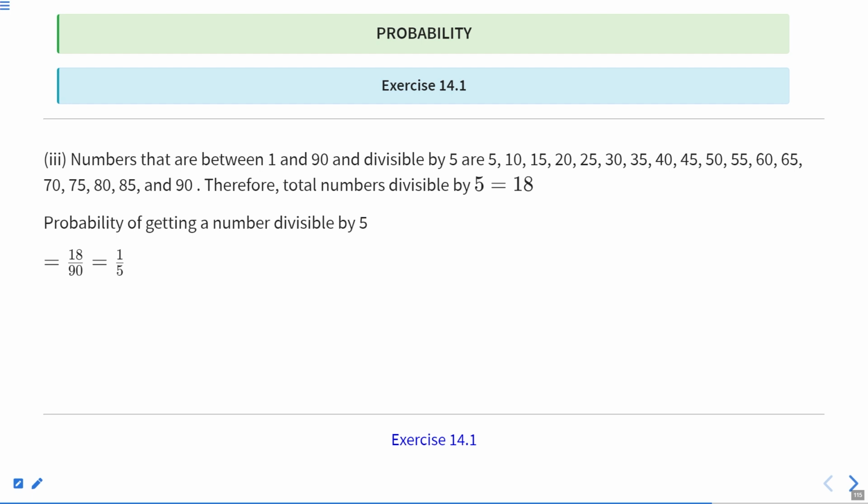Therefore the total numbers divisible by 5 between 1 to 90 is equal to 18. So the probability of getting a number divisible by 5 is equal to 18 by 90, that is equal to 1 by 5. Therefore the probability of getting a number divisible by 5 is equal to 1 by 5.